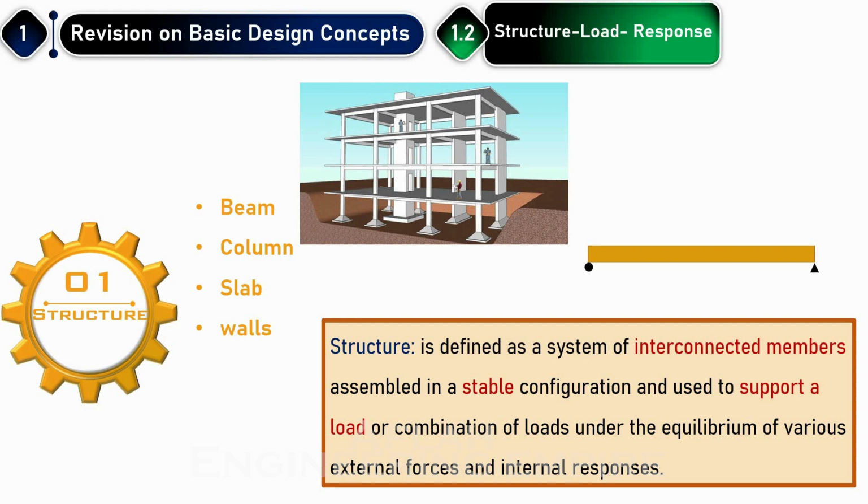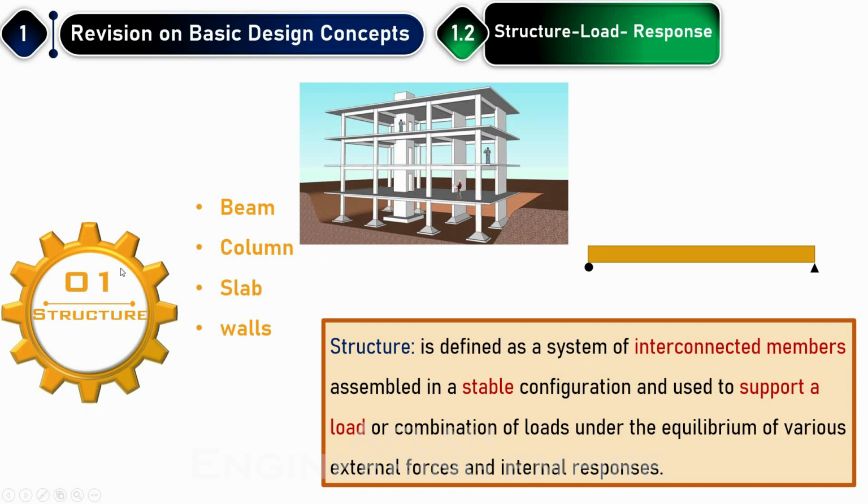These characteristics are satisfied by a structure. So a structural member is a member that can support load, transfer load, and be stable under the different loading combinations. A structure is defined as a system of interconnected members assembled in a stable configuration and used to support a load or combination of loads.